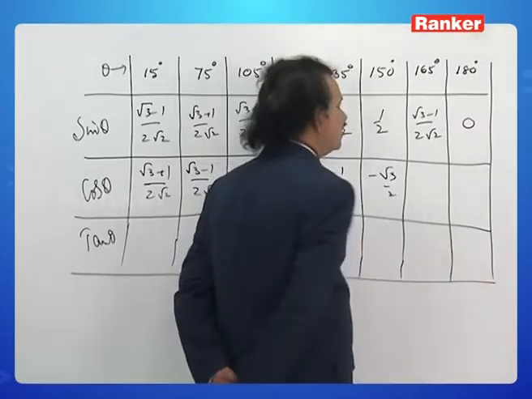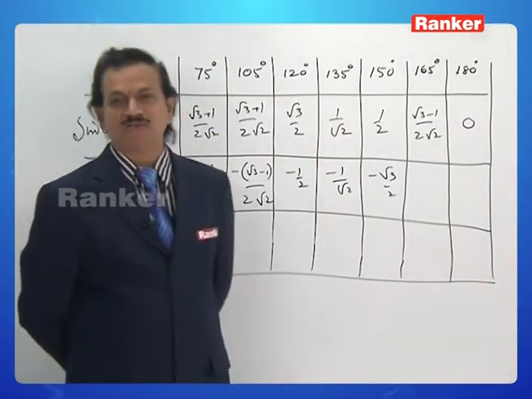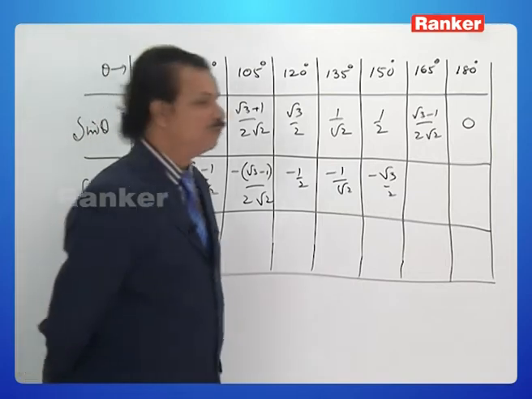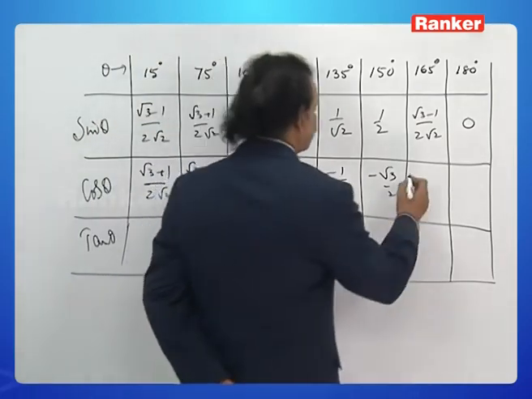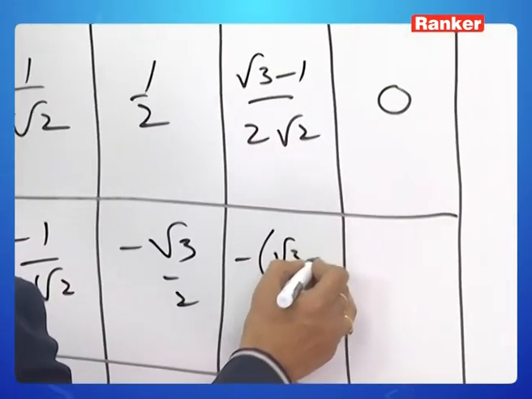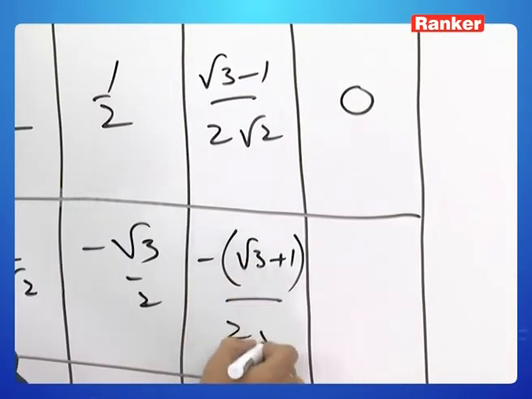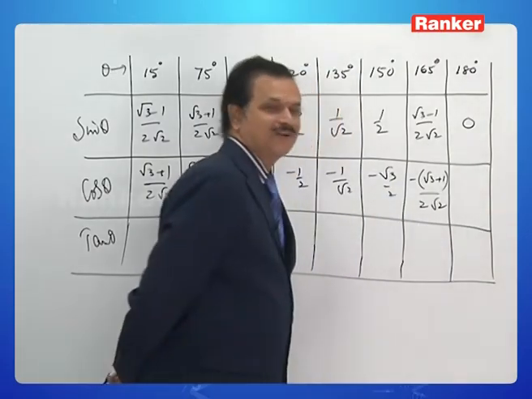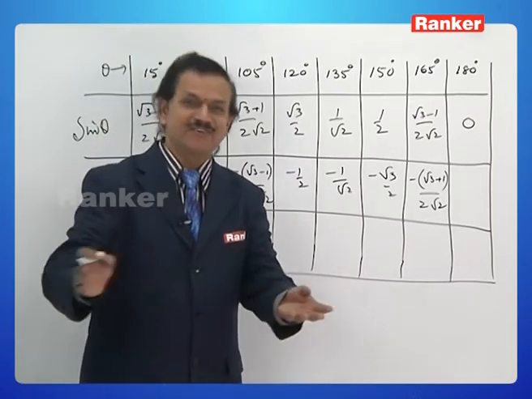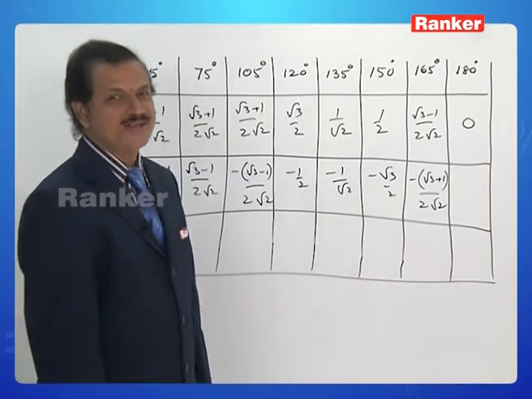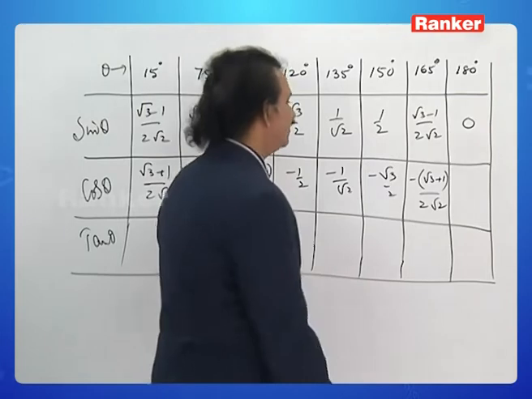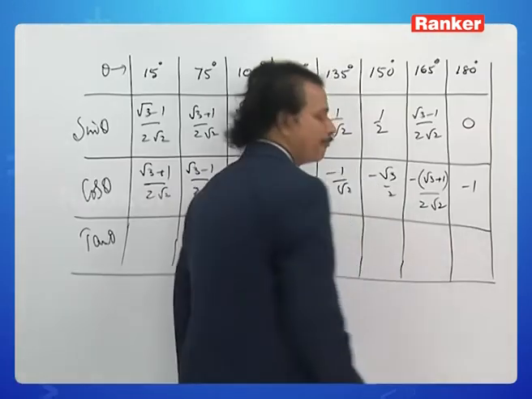And again, 165. You can have cos 165 as minus cos 15. Minus cos 15 means minus of root 3 plus 1 by 2 root 2. Well, cos 180. 180 degrees and 0 degrees are supplementary. So, cos 180 is nothing but minus cos 0. Minus cos 0 means minus 1.